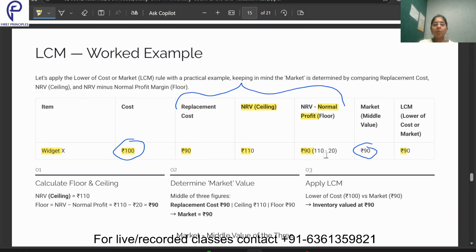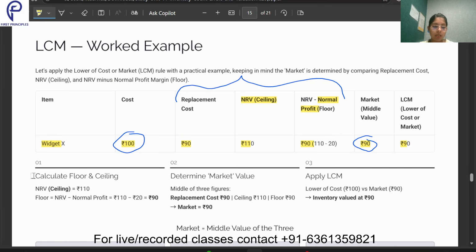So this will be the middle of the three. 90 is the middle value of the three. Then from the market and from the cost, we'll compare the cost and we'll compare the market. The 90 is the lower one, so that's how it becomes the value of my inventory.